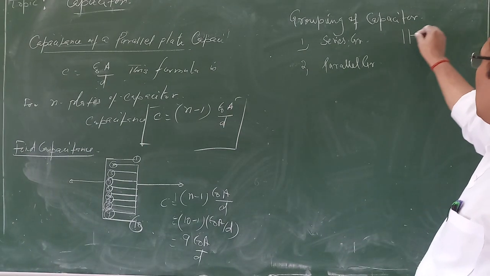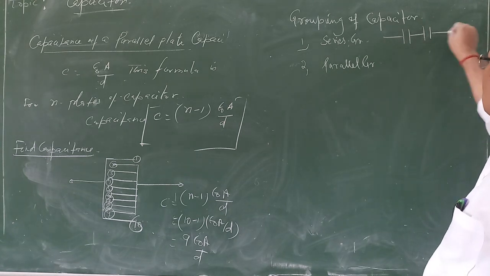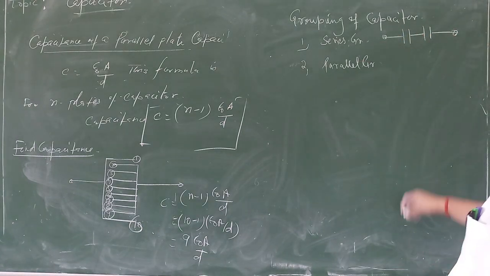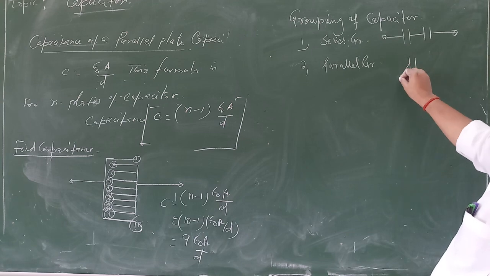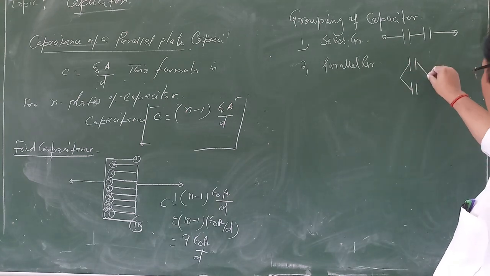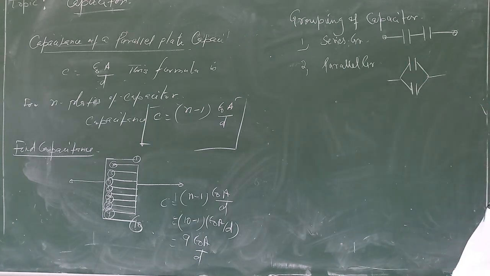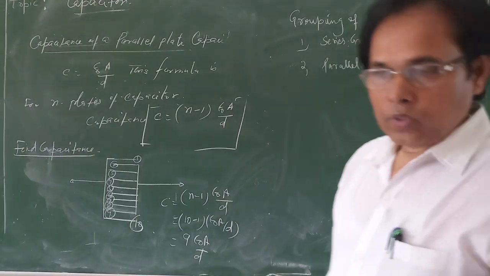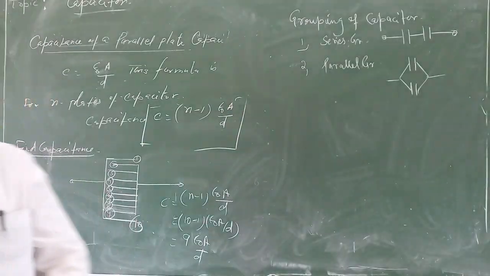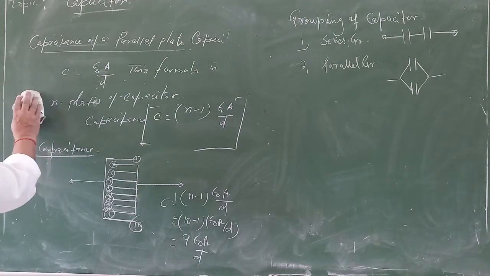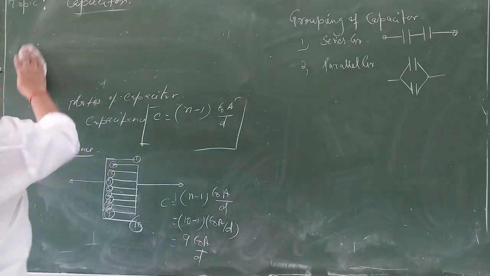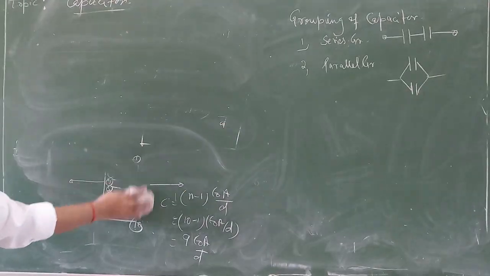Two capacitors connected in this way is the series grouping, and capacitors connected in this way is the parallel grouping. You have to find the capacitance of a series grouping and a parallel grouping of capacitors.